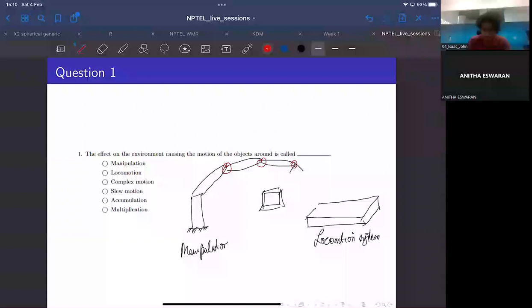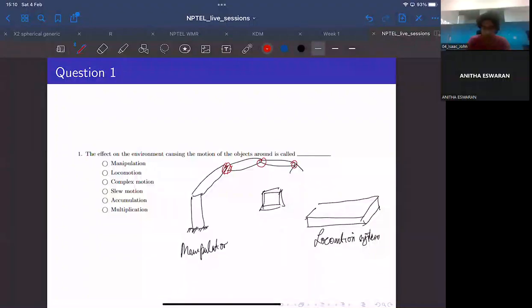With the help of these actuators, you would have a controlled motion of all these links, so that the objects within its workspace can be manipulated, can be displaced to some other location as per our requirements. This process is called manipulation.